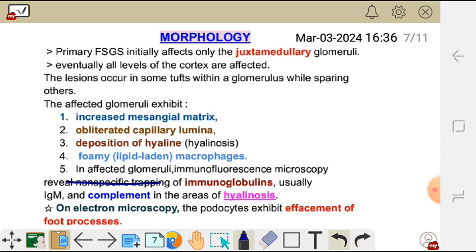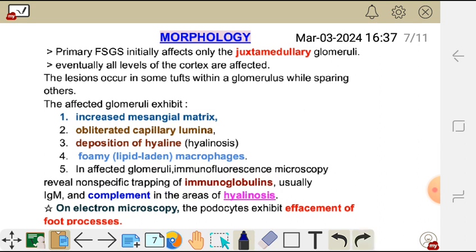The affected glomeruli will be reviewed in what we call the immunofluorescent microscope. It will reveal trapping of immunoglobulins in the glomeruli. Remember, the immunofluorescent microscope revealed nothing in minimal change disease, but here it is going to show trapping of immunoglobulins.